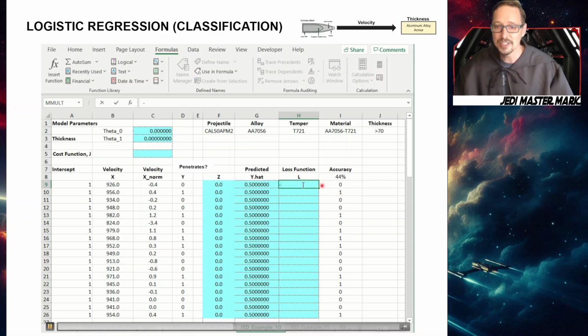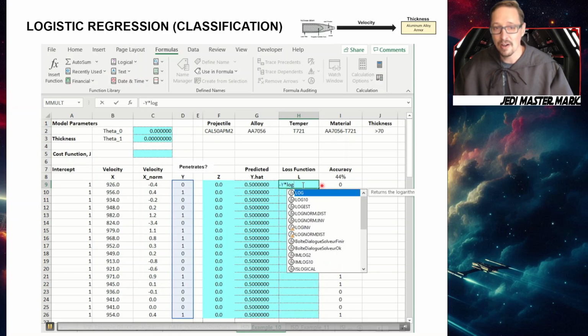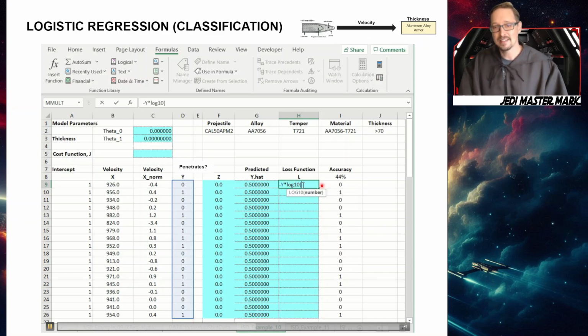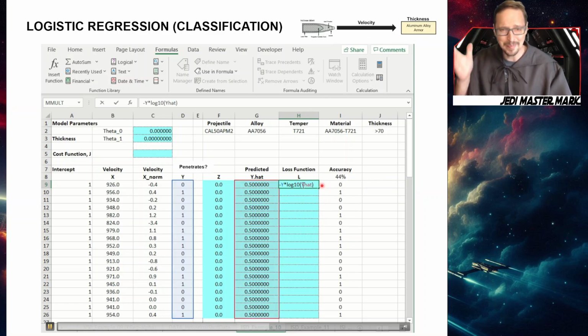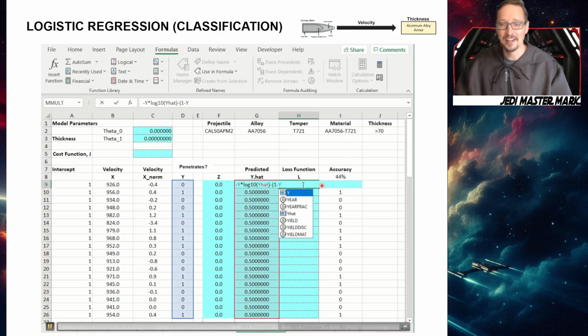The loss function, again, remember, negative y times the log of y hat. I don't know why I used base 10 there, but I just did. You can use a natural log here. Either of those works.